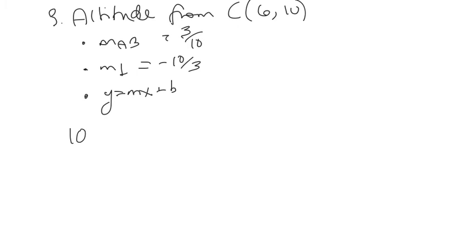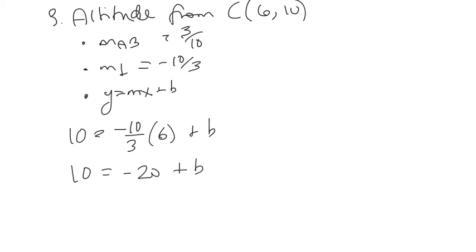So my y is 10, my slope is negative 10 divided by 3, my x coordinate is 6 plus b, so I have 10 equals negative 20 plus b, so 30 equals b. So I have y equals negative 10 divided by 3x plus 30.